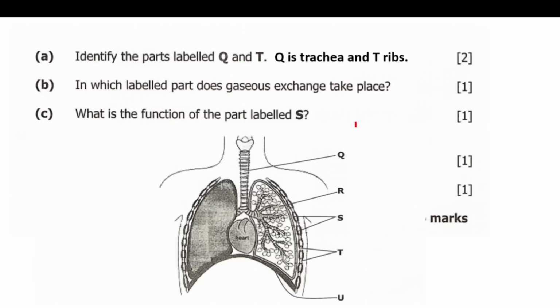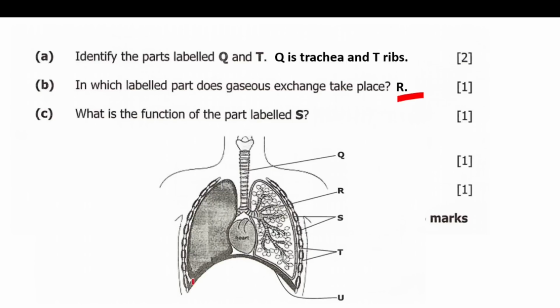Gaseous exchange takes place in the alveolus or alveoli. So the part which represents the alveoli or alveolus is ara. So it's ara here.